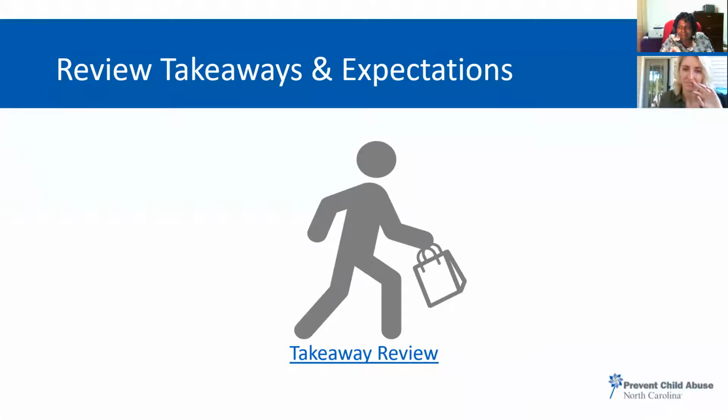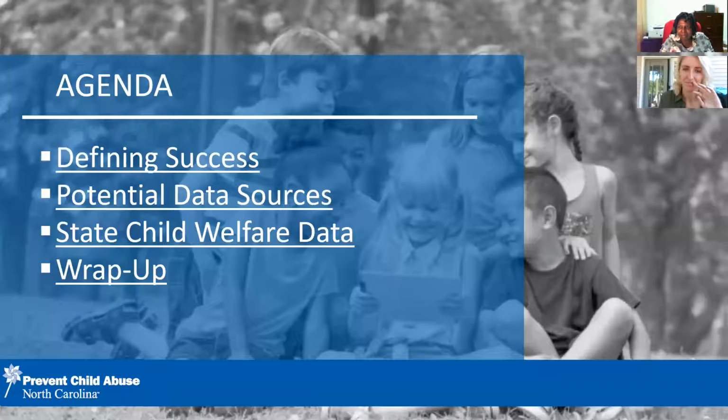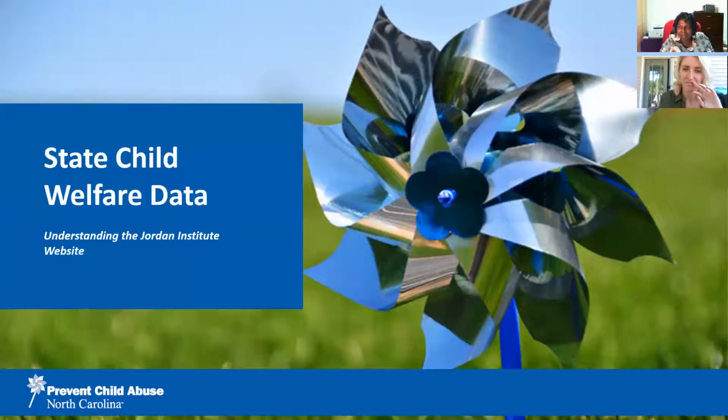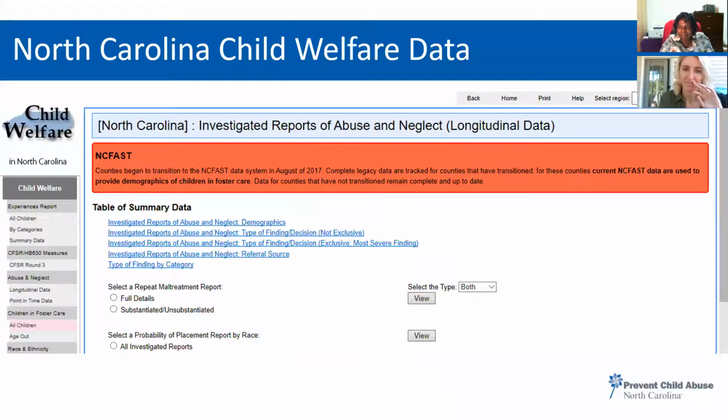Okay. All right, so I'm actually going to skip over these first two and start with the child welfare data, like I just said. So for those of you that may not even be familiar with what I am talking about when I'm referring to the Jordan Institute's Child Welfare webpage, I wanted to start off by just sharing a screenshot of the page.